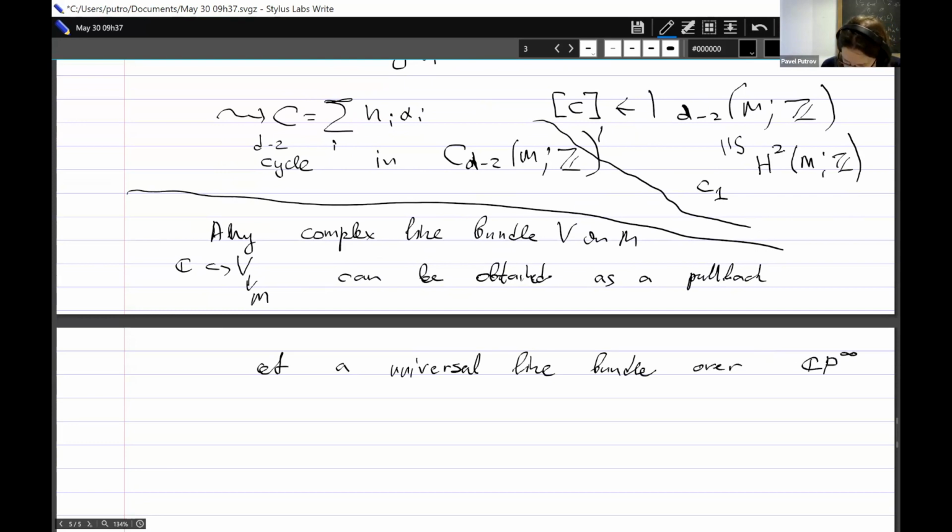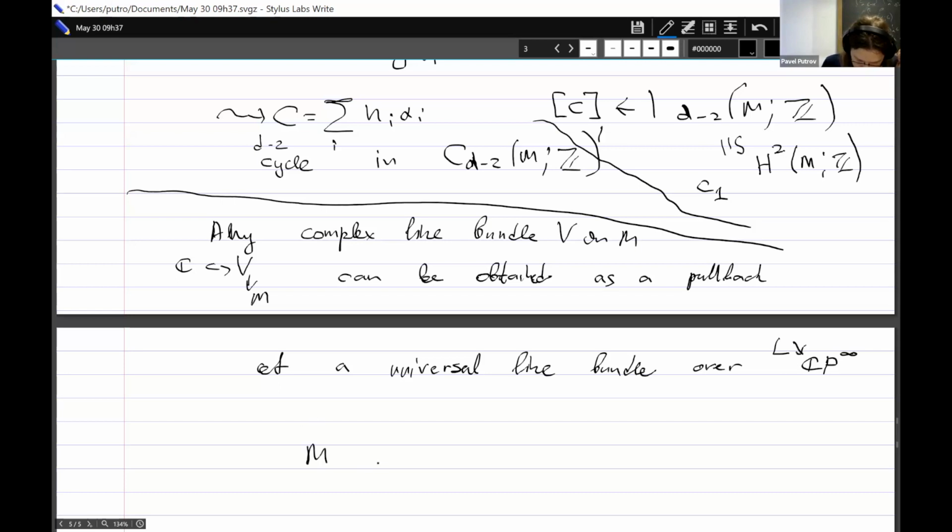This is the infinite-dimensional complex projective space. It's actually not always necessary to go to CP infinity: if you consider a line bundle over a manifold of fixed dimension, it's enough to consider CP^n for some particular large n.